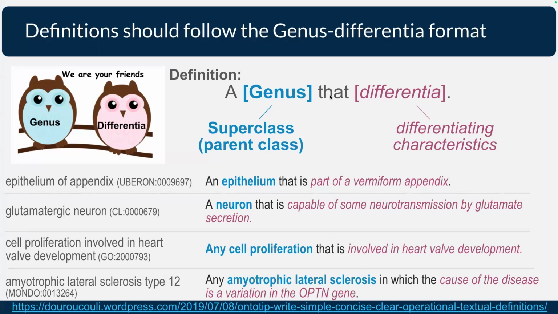The format is a genus that differentia, a blank that blank. You could have different ways of indicating the differentia. It could be that is part of, that is capable of, that is involved in, as long as you follow that it is a blank, that blank, you're good.